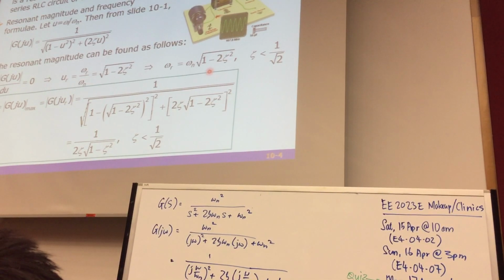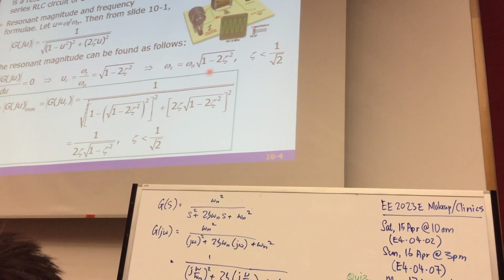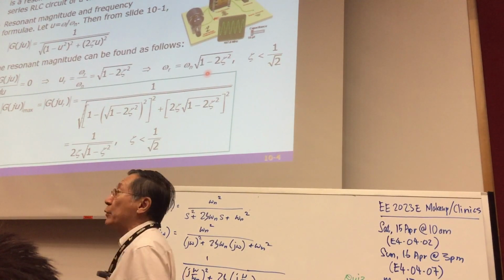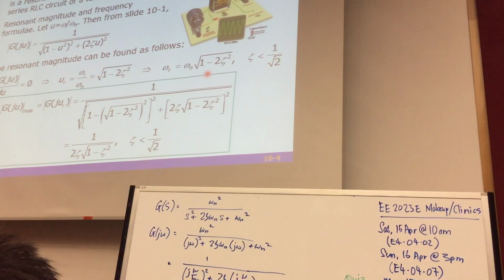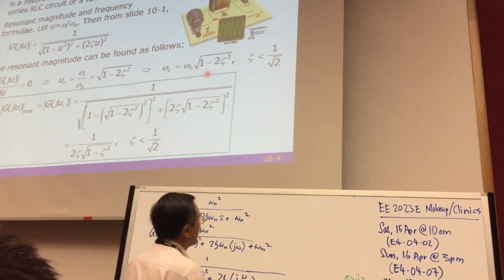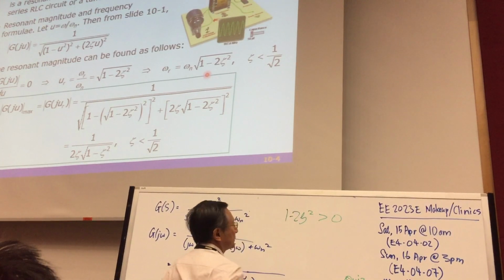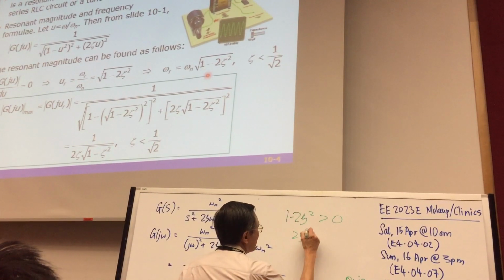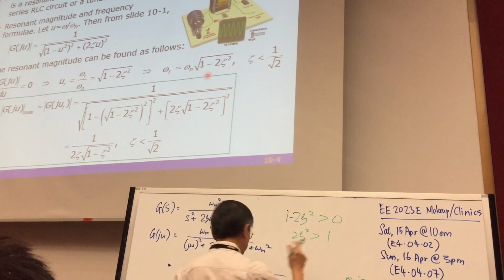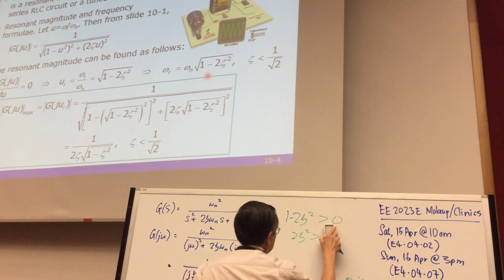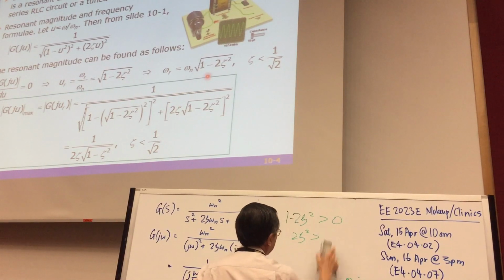So for the thing in the square root to be positive, 1 minus 2 zeta squared must be greater than 0. So 2 zeta squared must be less than 1.